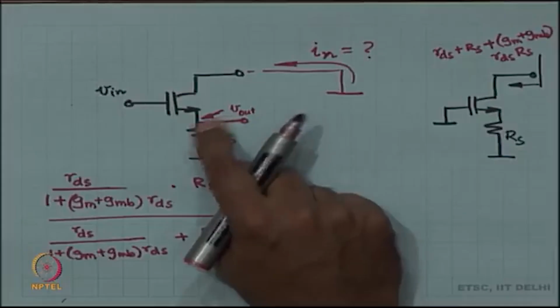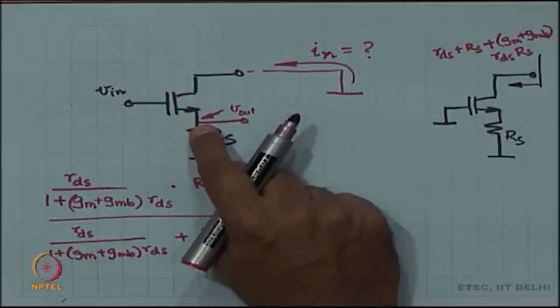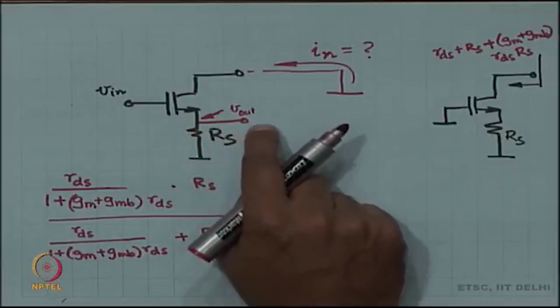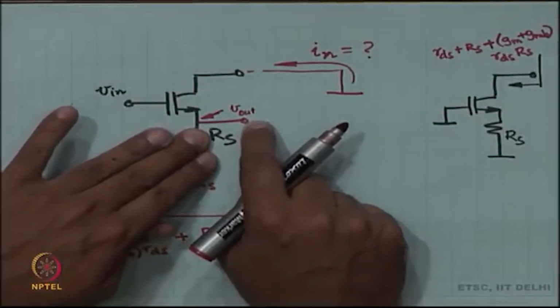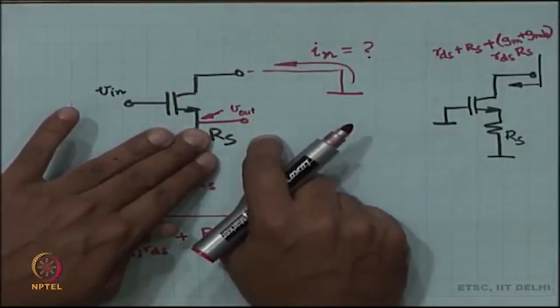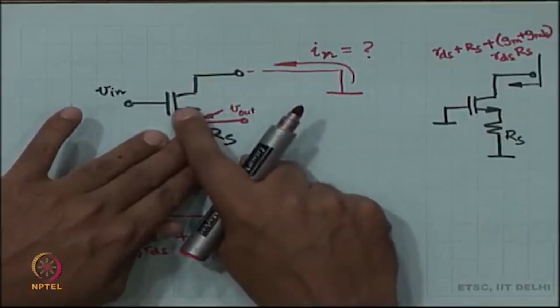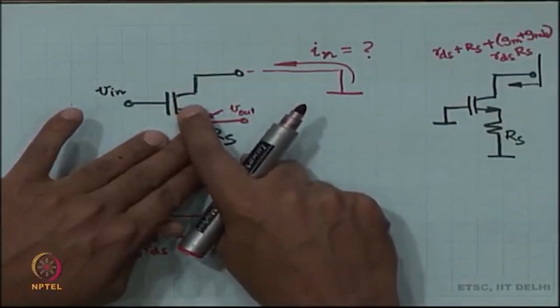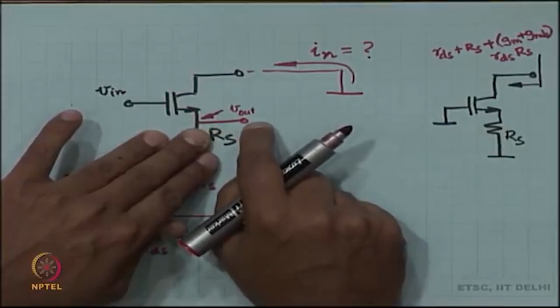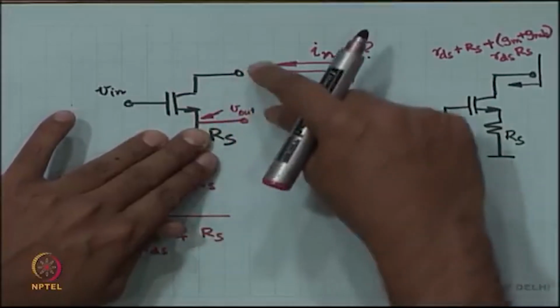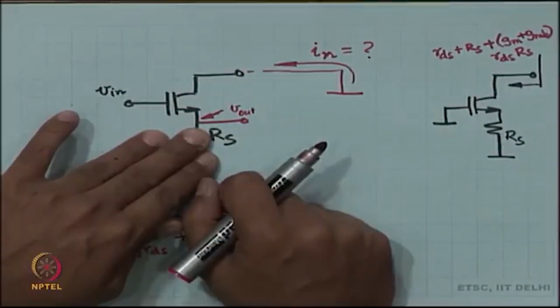Now, the next thing is what was the short circuit current. So, if I connect this to ground, what would be the current through it? If I connect this node to ground, drain is also ground, source is ground. So, inside the MOSFET there is GM, GMB, RDS. The current through RDS is nothing but 0 because both terminals are grounded.